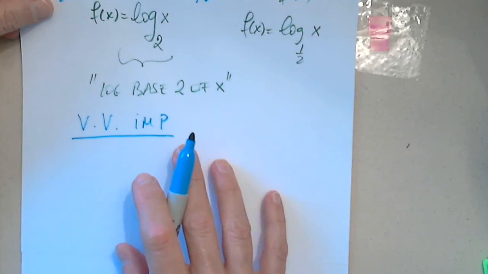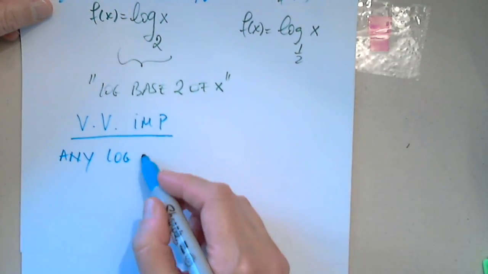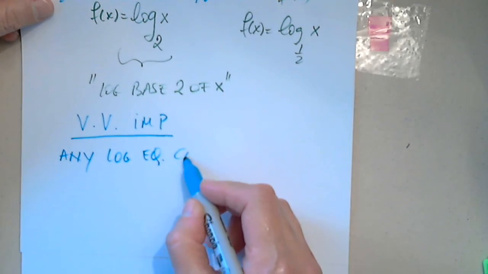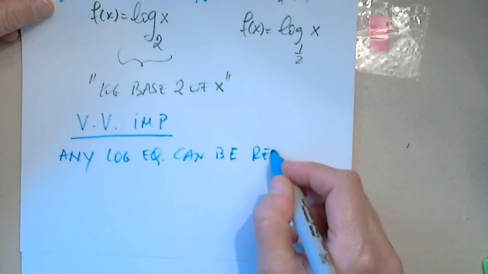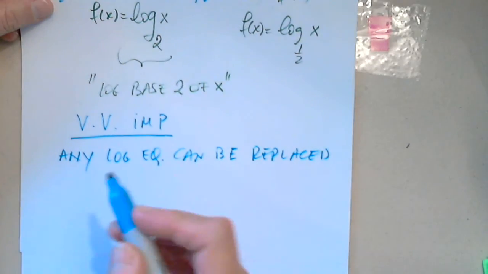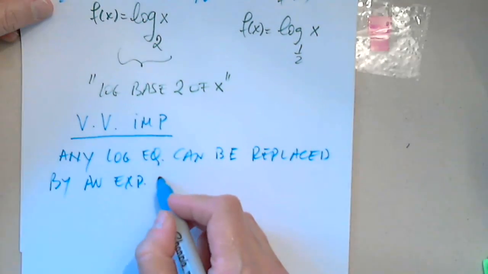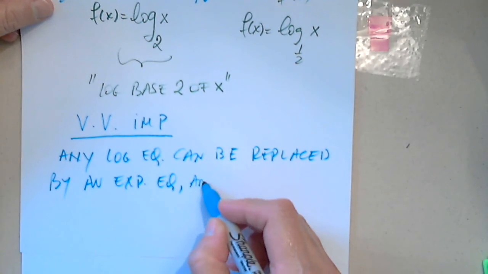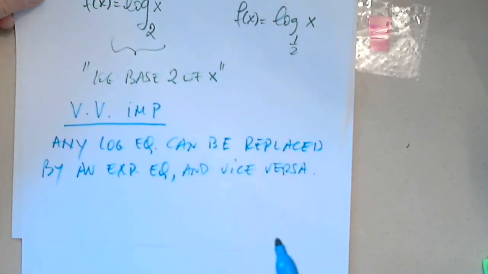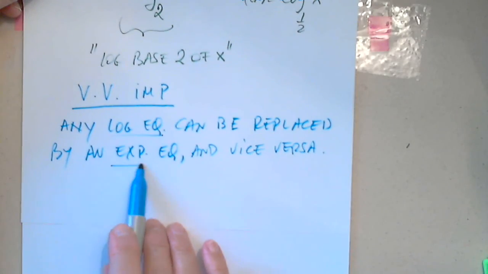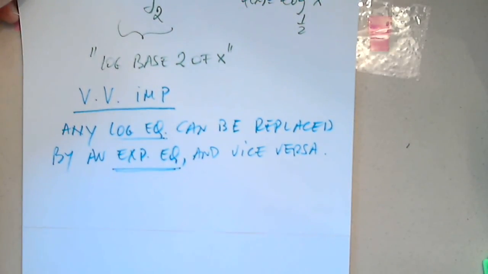So first, in plain English, any logarithmic equation can be replaced by an exponential equation, and vice versa. Any log equation can be replaced by an exponential, and any exponential can be replaced by a log equation.